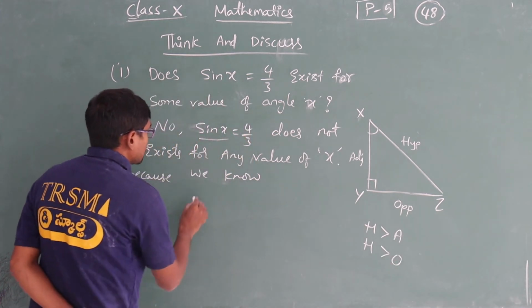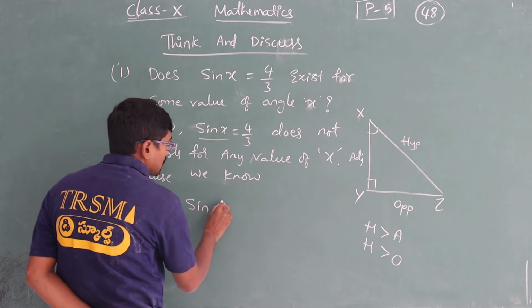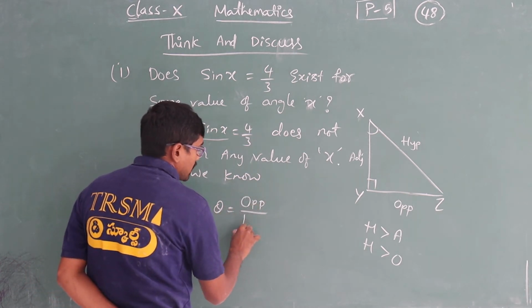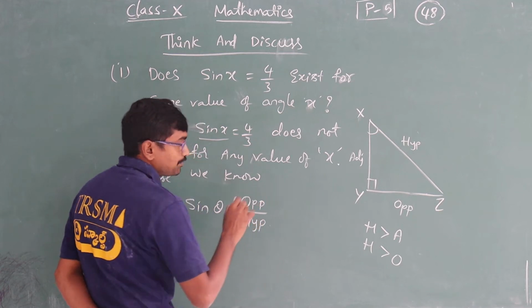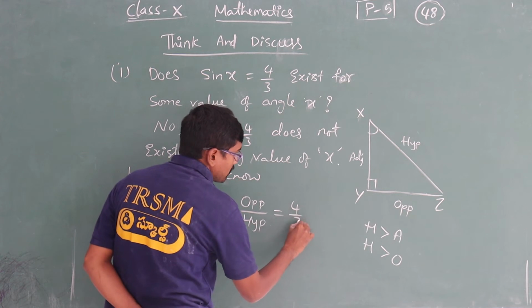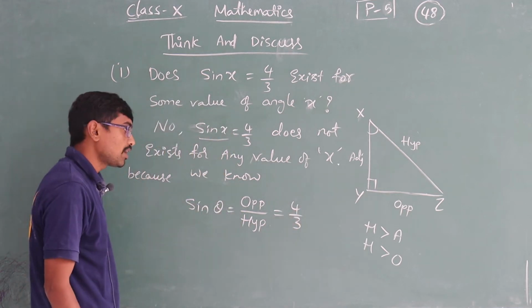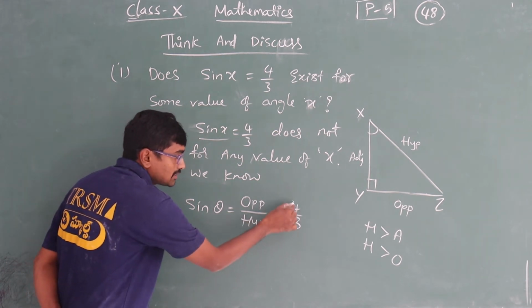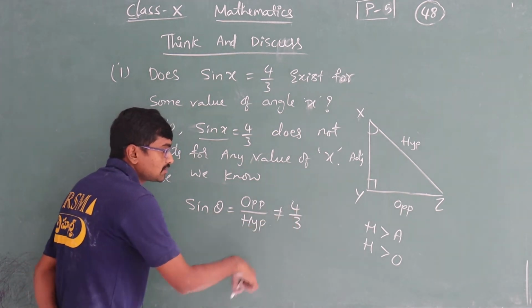But here sin theta is equal to opposite side divided by hypotenuse side. So if I write 4 divided by 3, we can't write this. Why?